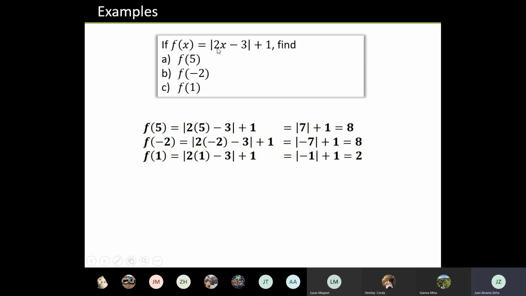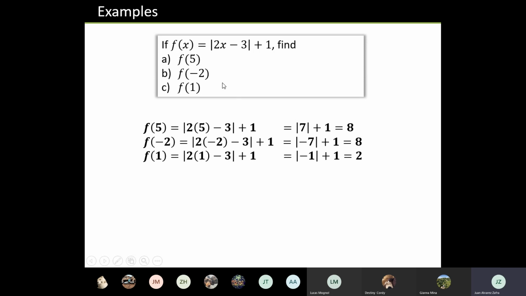Well, if we take 5, 2 times 5 is 10, minus 3 is 7, the modulus of 7 is still 7, plus 1 is 8. Now if we take a negative number like -2, 2 times -2 is -4, minus 3 is -7, but the modulus of -7 is 7. So that gives us 7 plus 1 is 8.